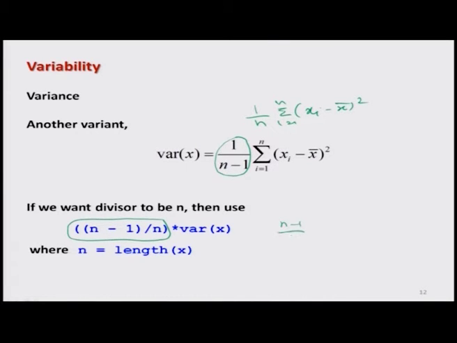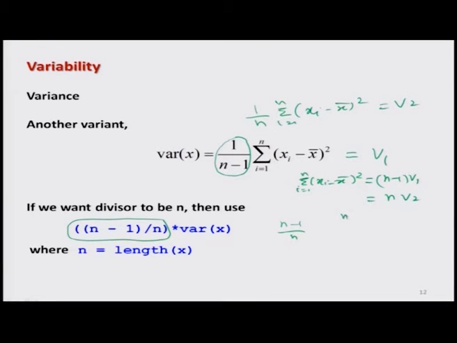If you want this format, then you simply have to multiply the variance of x by n minus 1 upon n. Why? Say this is my V1 and this is V2. Then I know that summation xi minus x bar whole square, i goes from 1 to n, is equal to n minus 1 times V1, and this is the same as n times V2, right.